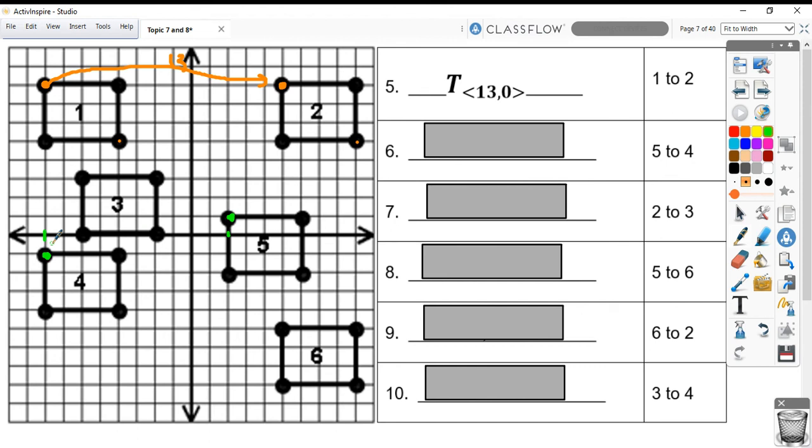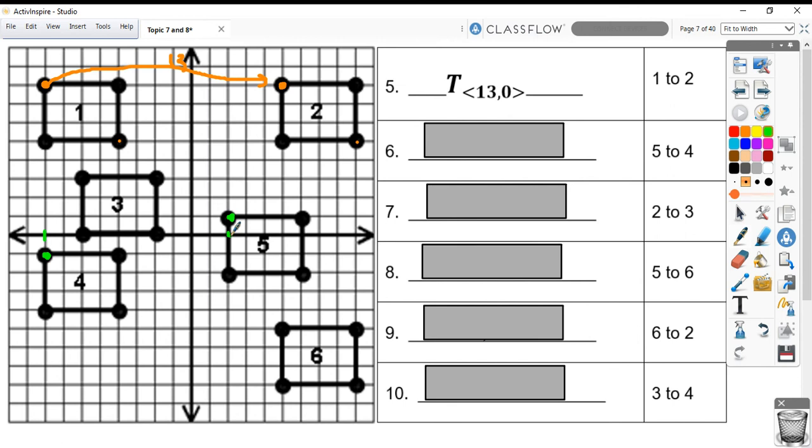Now, if I'm a good math student and I can keep track of this, I can just say in my head, well, the difference between positive 2 and negative 8 is 10. So that must have been a translation of 10 units to the left. Well, okay, that's perfectly okay. That's reasonable. You can do that by just finding the difference between the x values right here and right here.